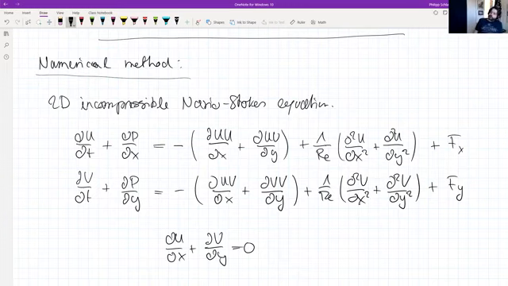The continuity equation will rather serve as a constraint on how the time derivative of u and v may evolve, in a sense that we always need to make sure that the continuity equation is fulfilled in whatever way we time advance the u and v momentum equation. So the continuity equation needs to be considered as a constraint on u and v as they evolve in time. So therefore, I'm not writing them down in exactly the same way as the u and v momentum equation.